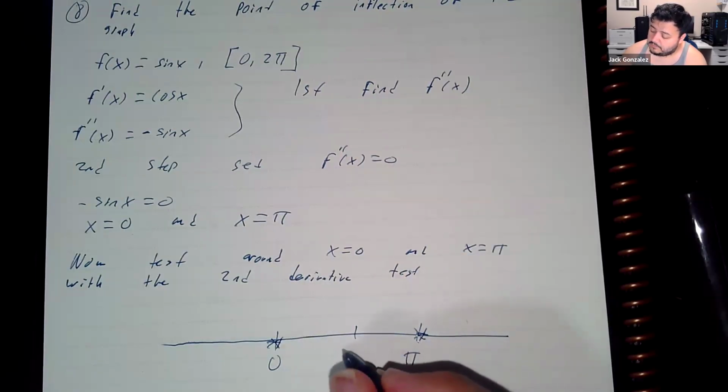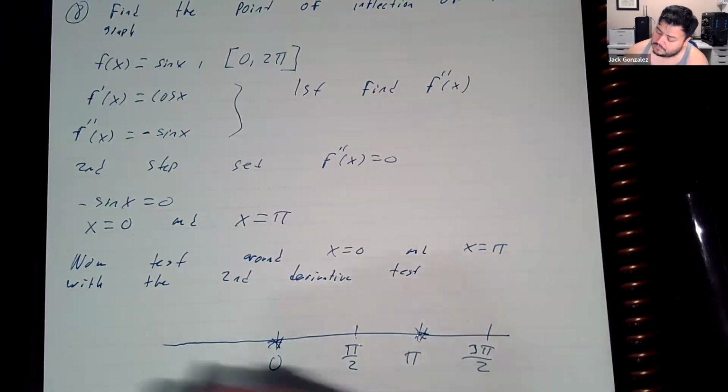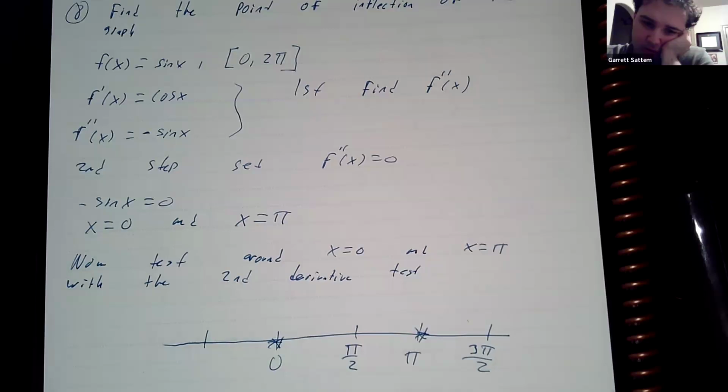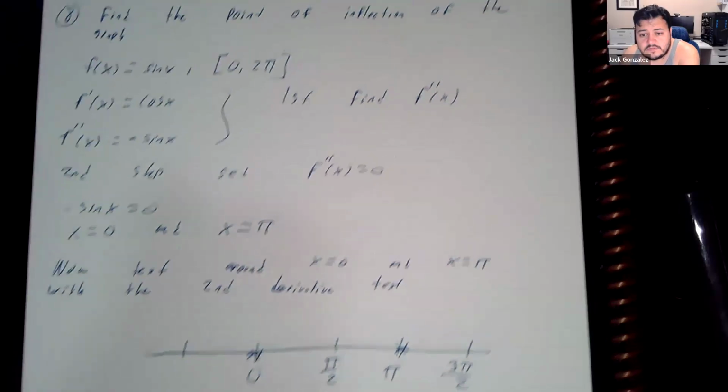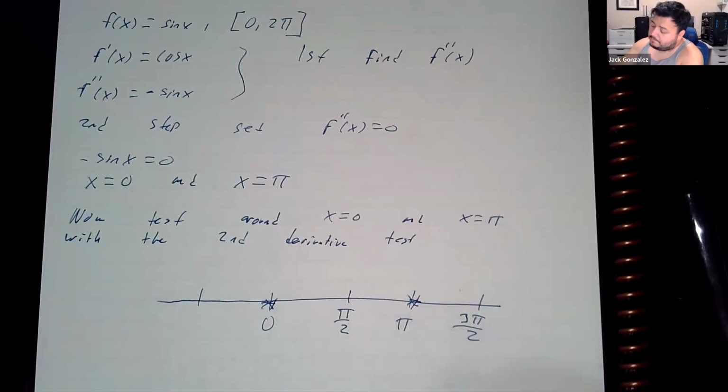I'll pick pi over 2, I guess. 3 pi over 2. I can't go below 0, can I? You can't do negative pi over 2? Well, it says to do it from 0 to 2 pi. Okay, let's just use these two.